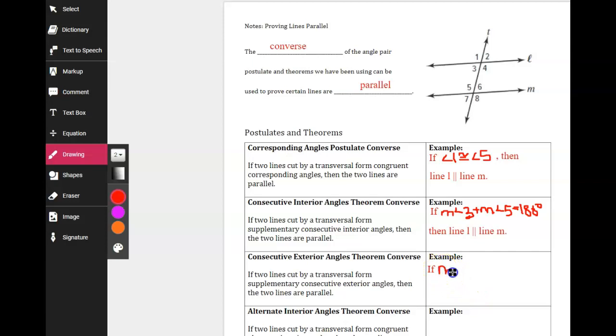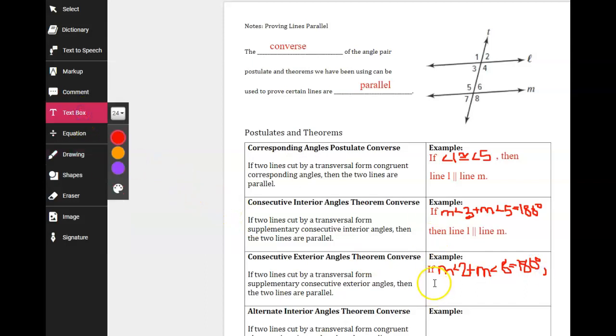So the measure of angle 2 plus the measure of angle, what is its consecutive exterior angle? We've got angle 2 and angle 8. If it equals 180 degrees, then what can we claim? We can claim that line L is parallel to line M.